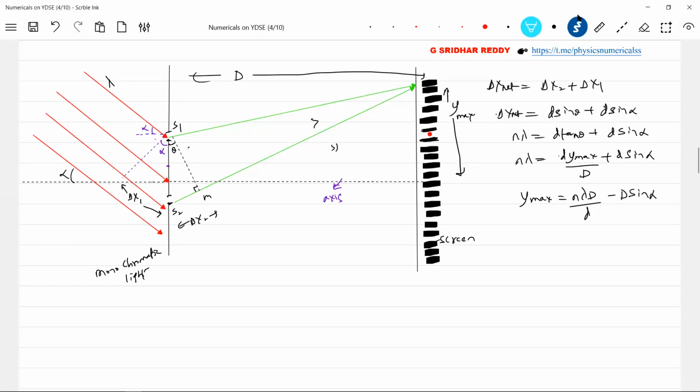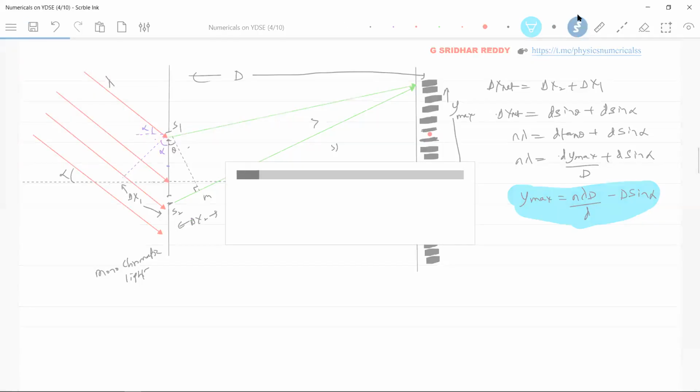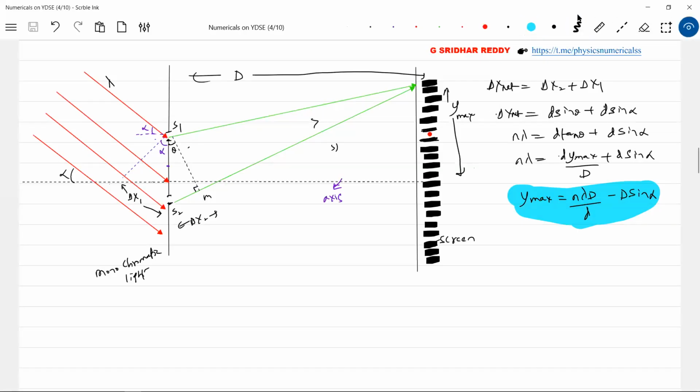Okay, so this is the expression for the nth order maxima on the screen. Where will the central maxima lie, below or above the axis? It should lie below the axis. Put n equals 0, y max equals minus D sine alpha.